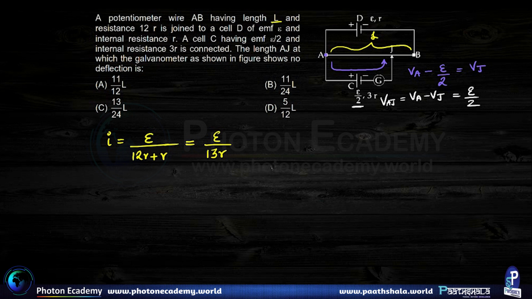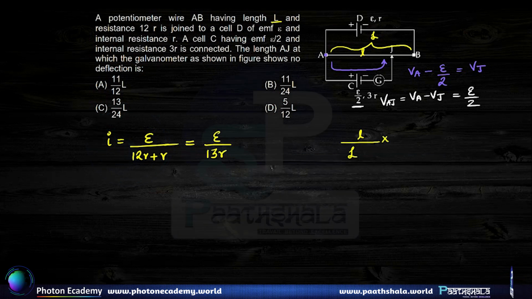Let's assume the length AJ to be equal to small l. Then the length small l compared to the length capital L will have a resistance given by the unitary method. The resistance gets divided in the ratio of the lengths, so small l upon capital L into 12R. This will be the resistance of AJ.